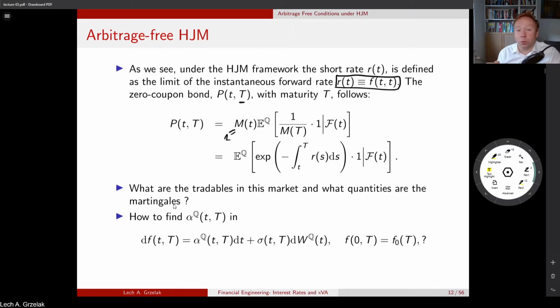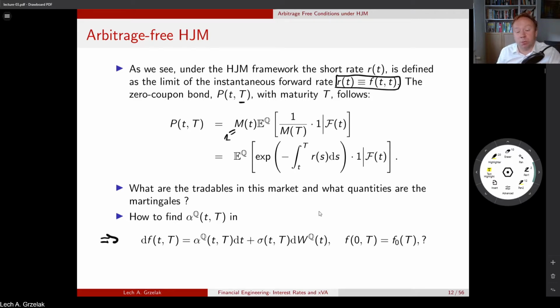Okay, so now what we have to do is find our dynamics for the instantaneous forward rate. And of course, we will follow the same strategy as we have seen already in the previous lecture. We define tradable assets, and we make sure that the tradable assets over some numeraire, a certain portfolio of assets divided by the numeraire in our measure, are martingales.